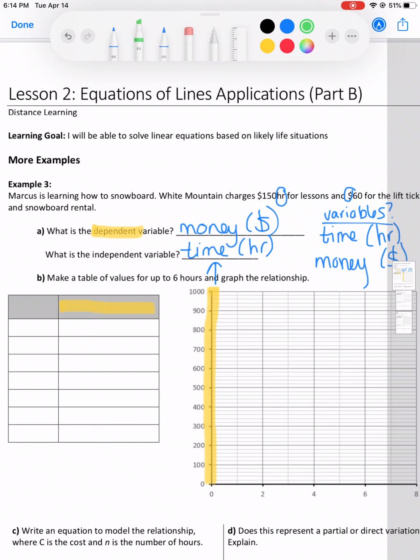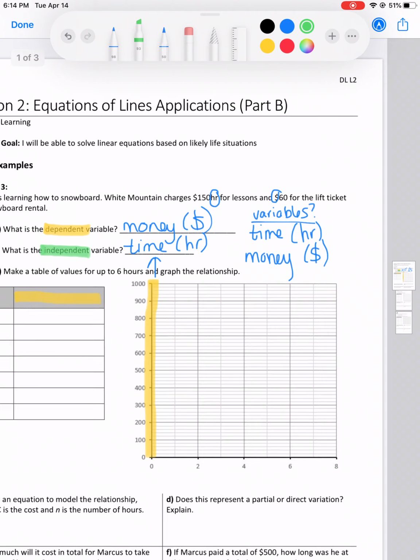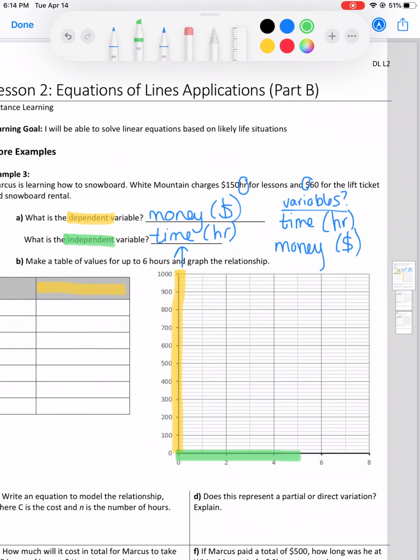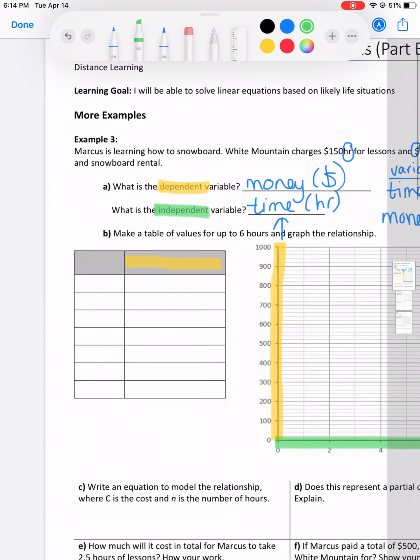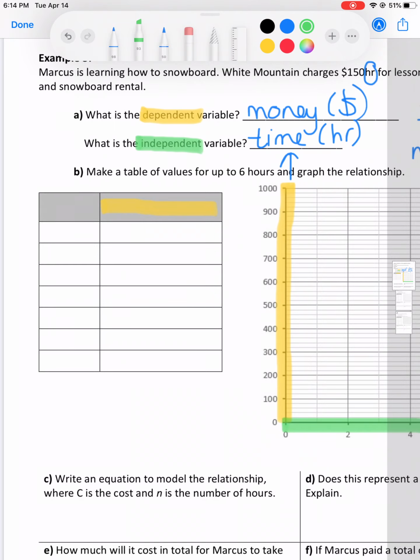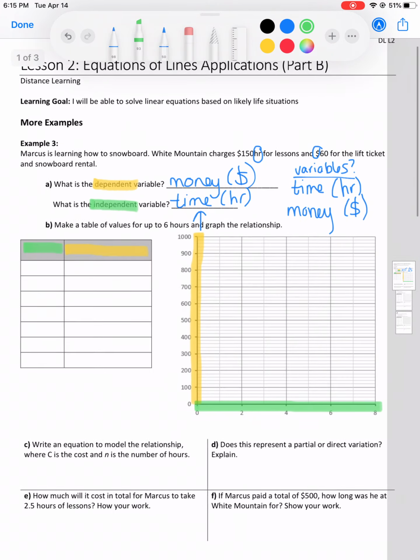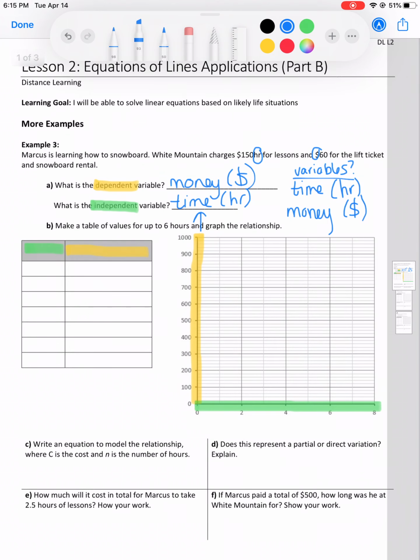And my independent variable is always my x. That is always, always, always my x. I hope you guys will remember that. And again, you're going to have this stuff with you when you fill it out, so maybe use it.